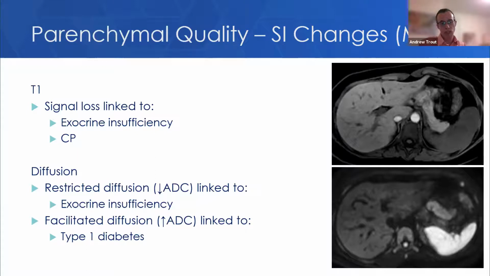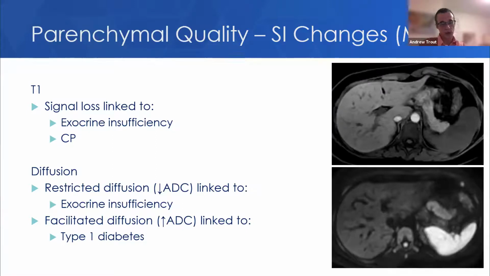And as tissues become more fibrotic or more cellular, the mobility of those water protons is decreased, and you get what's called restricted diffusion. And restricted diffusion has been linked to exocrine insufficiency. So patients who have EPI tend to have restricted diffusion.